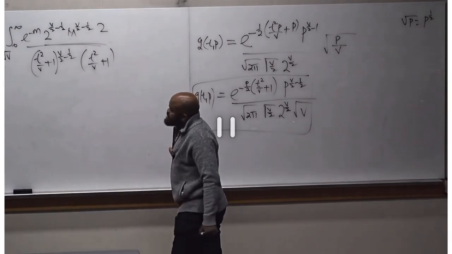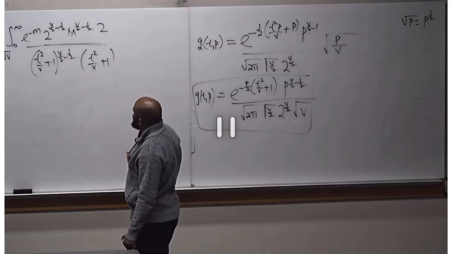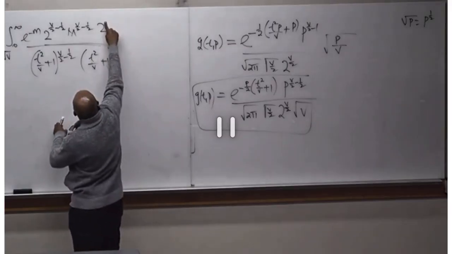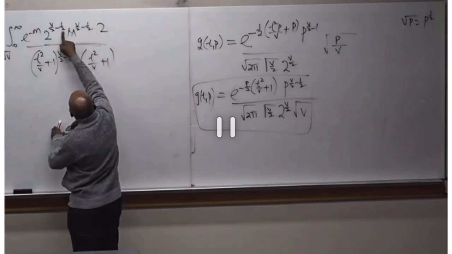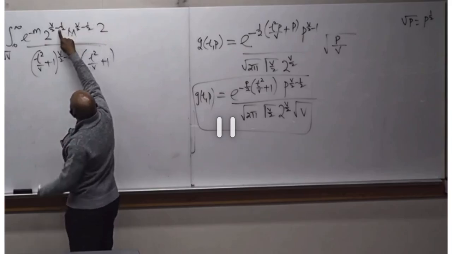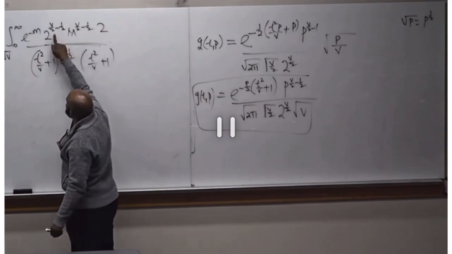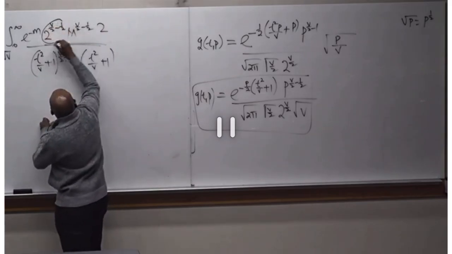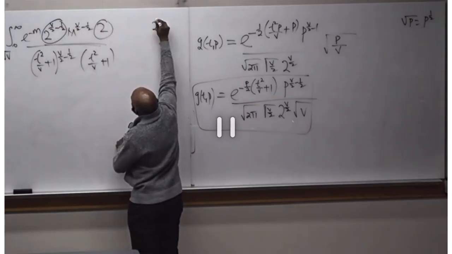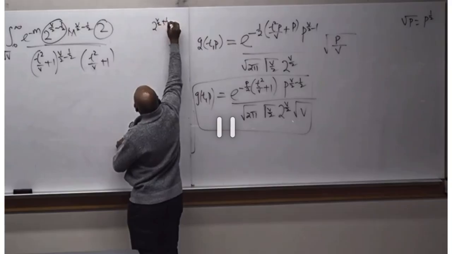Now I just need to do algebra. In doing algebra, look at this. This is raised to the power 1, and this is raised to the power V over 2 minus half. So if I do 1 minus half, that would be half, right? Here this guy and this guy will give me 2 raised to the power V over 2 plus half.